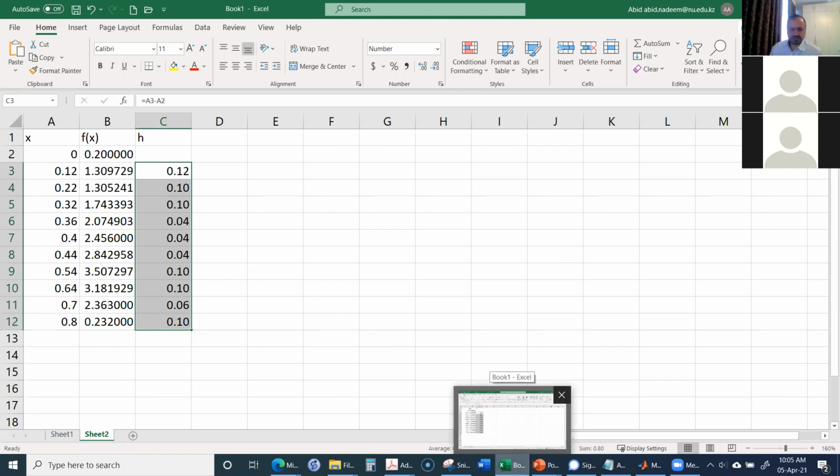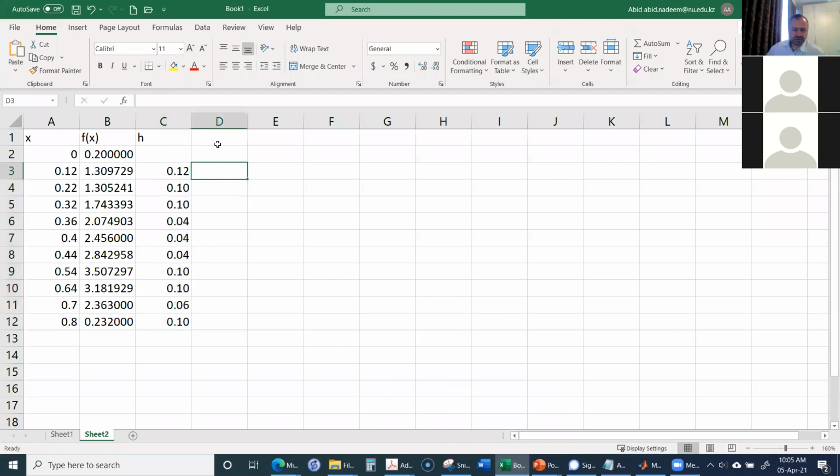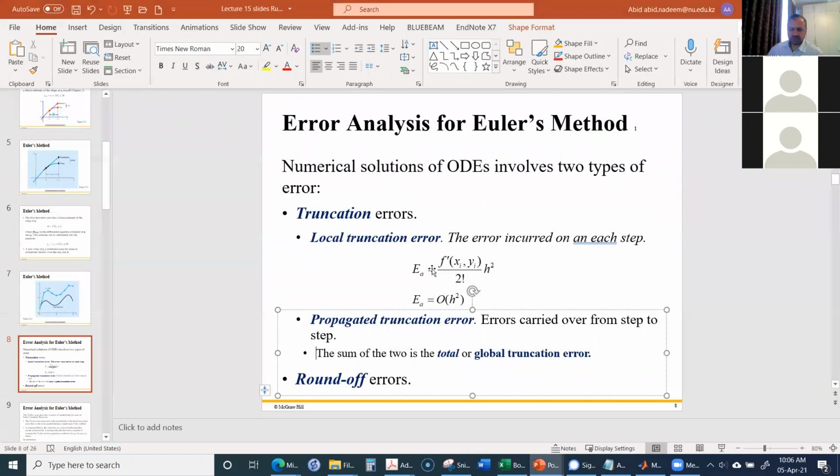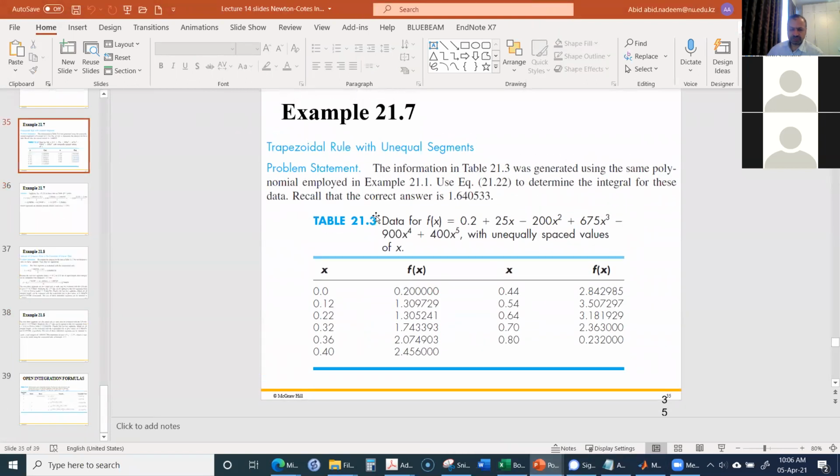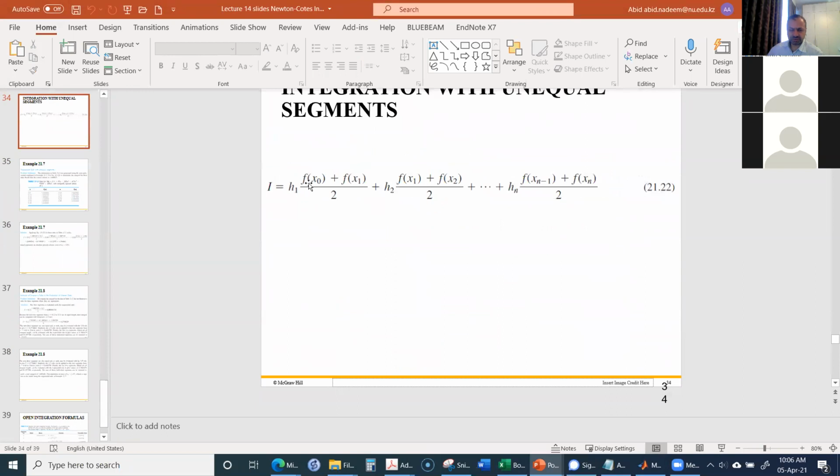Okay, so now the next step is to incorporate the formula. So for example, fx naught plus fx1 over 2. Okay. So for h1, what will be fx naught?